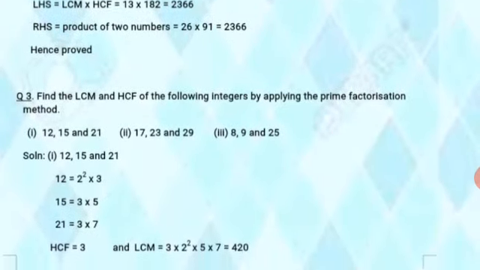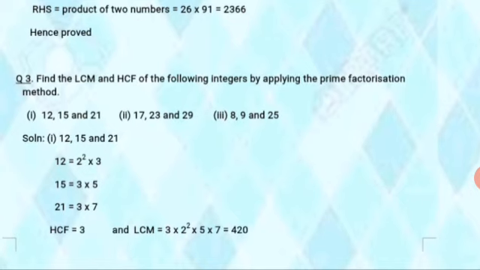Now, question number 3. This is quite easy. Question number 3 is find the LCM and HCF of the following integers by applying the prime factorization method. Again, first is done for you. The rest too you can try yourself. The first example is 12, 15 and 21.